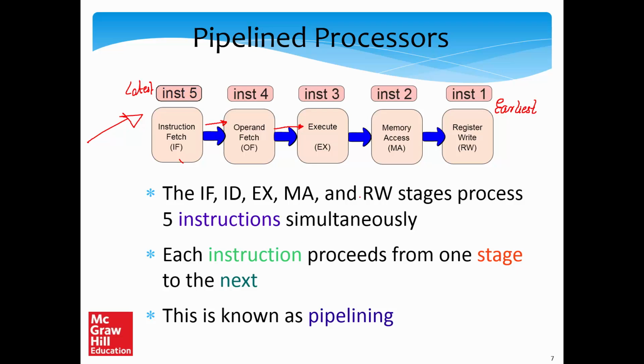One instruction finishes its execution in one stage and moves to the next stage. So we'll have 5 instructions being processed simultaneously, and at the end of the processing, one instruction will move out, the others will move forward, and a new instruction will enter the fetch stage.